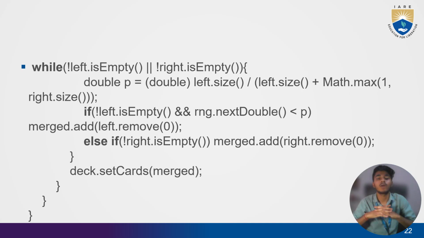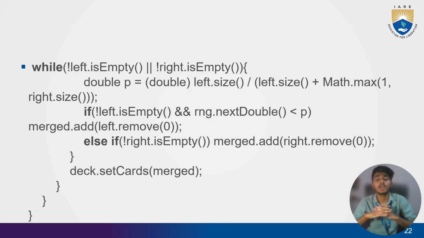We have to run a while loop. A while loop runs until both left and right sides are empty. After that, we compute a probability p equal to the proportion of cards remaining in the left side. Math.max(1, right.size) avoids division by 0.